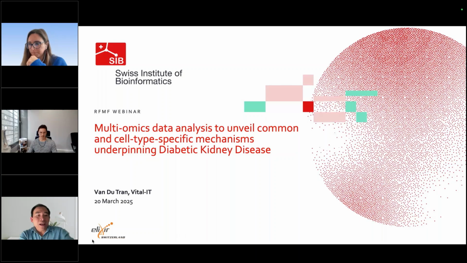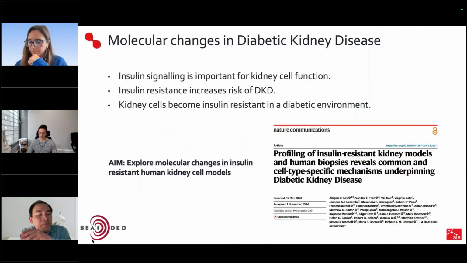You might know very well about insulin. Insulin is a peptide hormone produced in the pancreas and is encoded by the insulin gene in human. And there is evidence about insulin resistance increasing the risk of DKD, diabetic kidney disease.